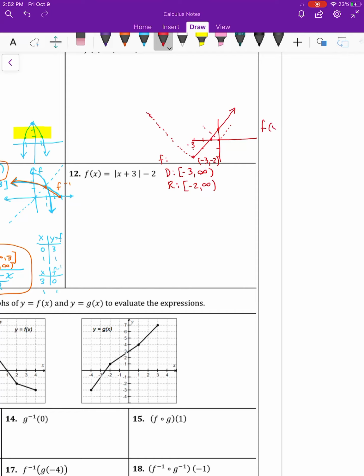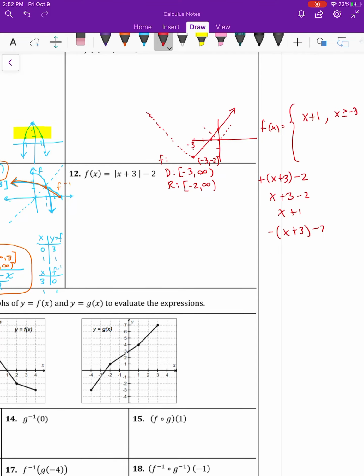Now remember that when you have an absolute value function, it can be written as a piecewise function. So everything in the absolute value is positive, which would give you x plus 3 minus 2, which would give you x plus 1, for x greater than or equal to -3.